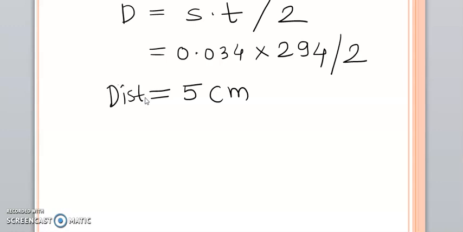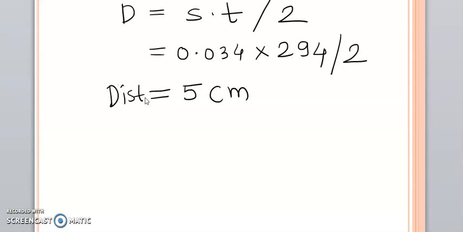So the value of 5 centimeters is going to be matched, and it converts it to the actual distance. In this way the distance is calculated and automatic detection of the distance of any object from the sensor is done.